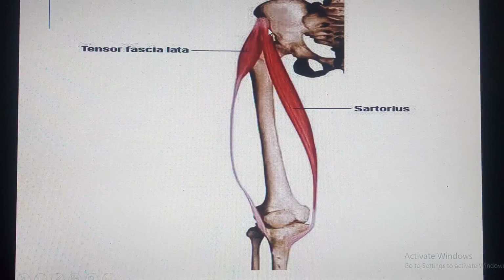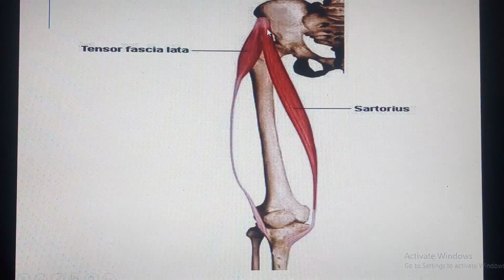You can see that it originates from the anterior superior iliac spine and runs inferomedially, and inserts on the medial aspect of the proximal shaft of the tibia, just below the medial condyle of the tibia. This is the sartorius muscle.